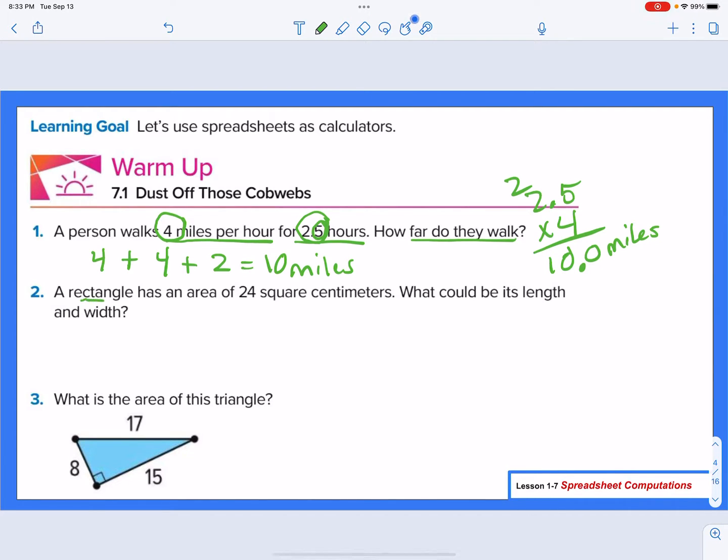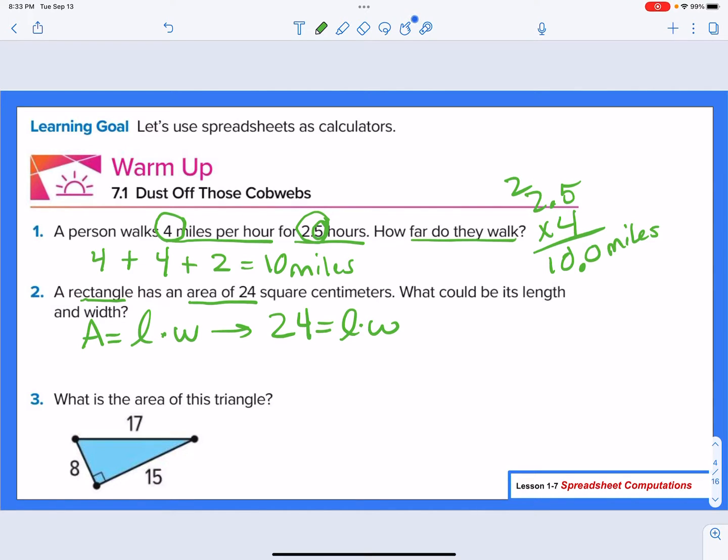Okay, a rectangle has an area of 24 square centimeters. What could be its length and width? Well, recall that the area of a rectangle is equal to the length times the width. Since we know the area is 24, we're going to need two values that can be multiplied together to get to 24.